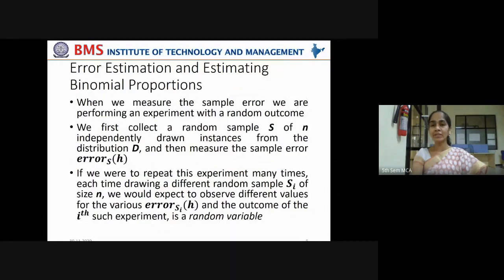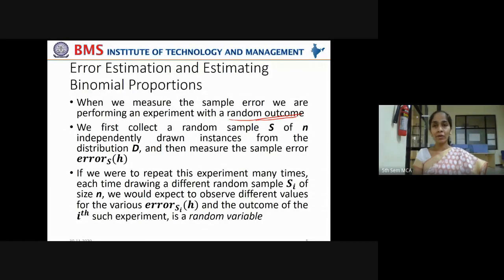Now, when we measure the sample error, we are performing an experiment with a random outcome. Do you oppose this statement? Random outcome means what? I have already given you an example of random variable. Random variable is the variable which is expecting some random outcome. You don't have any idea about the outcome. You're not sure about what would be the outcome of that particular experiment.